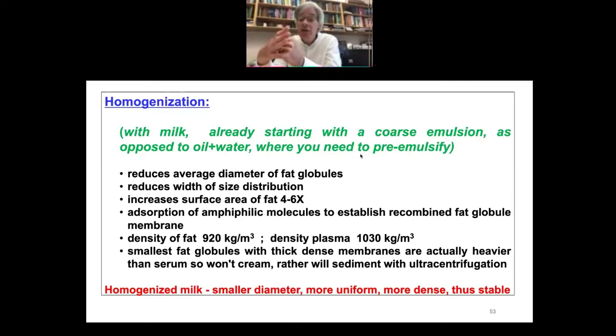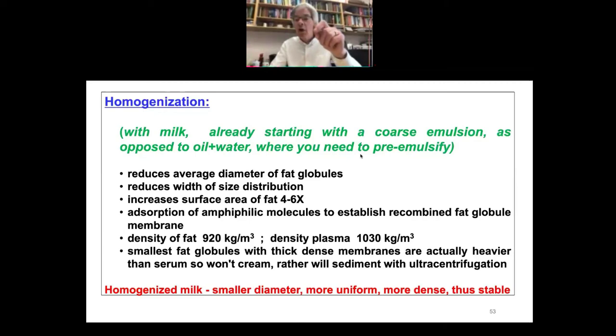Then you get absorption of the other serum proteins and casein micelles to the surface of the droplet to help stabilize all that new surface area created in the homogenizer. The absorption of further protein on the droplet increases the density of the droplet.